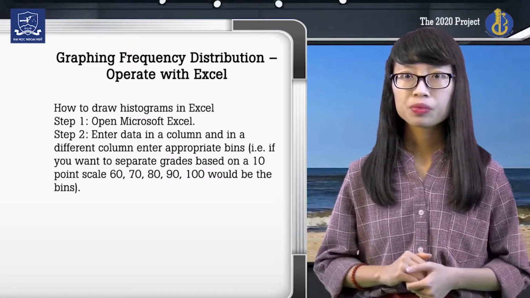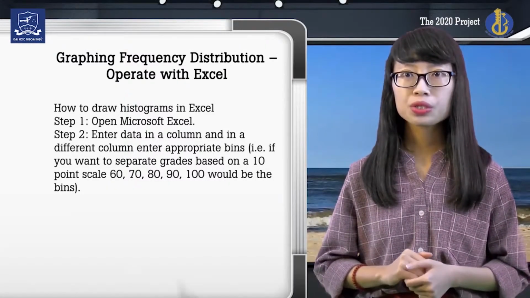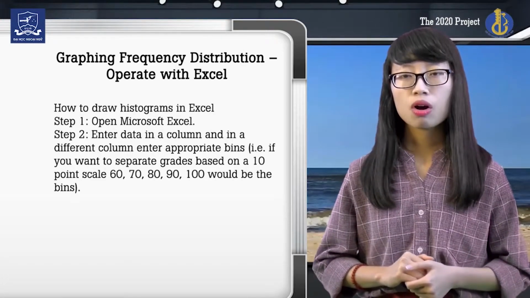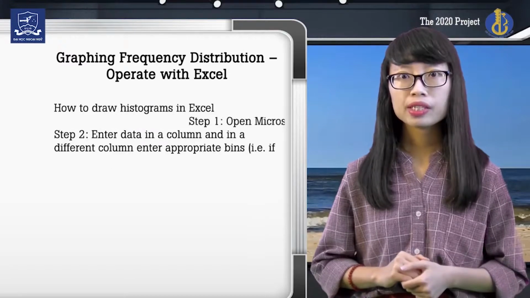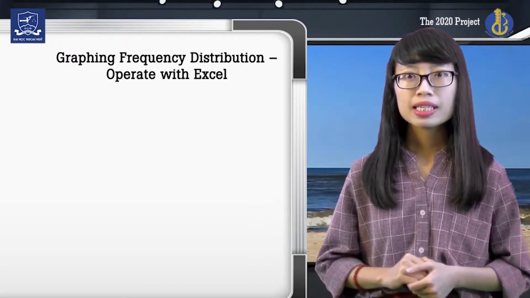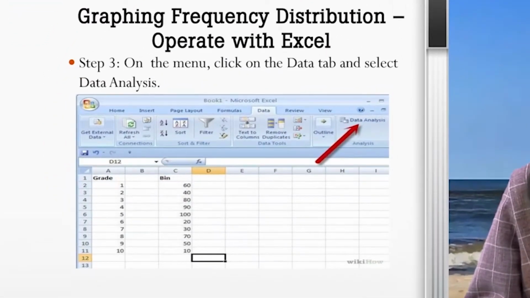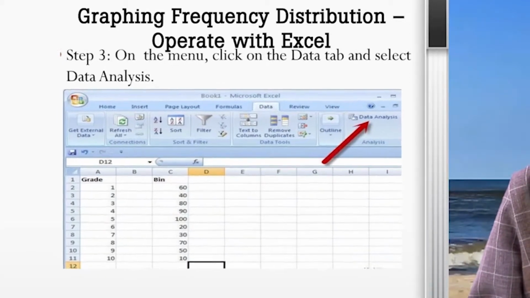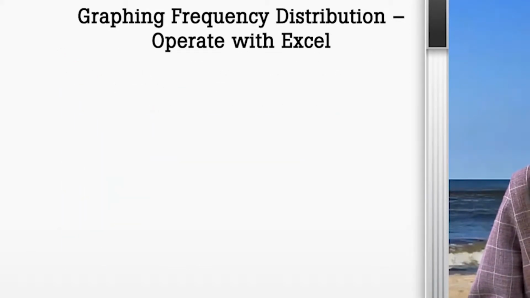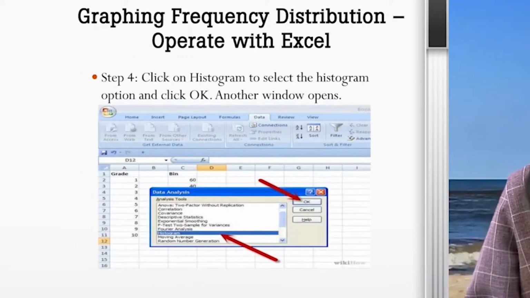For example, from 0, 1, 2, 3 to 10, or from 0, 10, 20 to 100, depending on your test. Step 3. On the menu, click on the Data tab and select Data Analysis. Next, you select the histogram option and click OK.